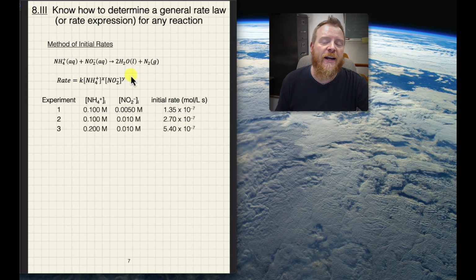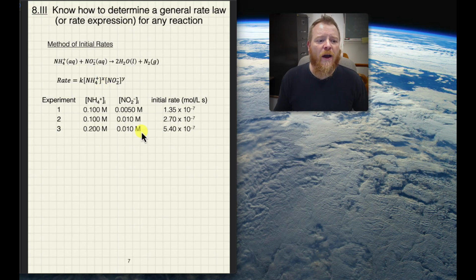Whenever we're setting up a general rate expression, it's always going to be rate equals k times reactant raised to its order times reactant raised to its order. Notice I've got specific products in here, but they don't appear in my rate expression. And also, it's not necessarily true that the reaction orders are equal to the stoichiometric coefficients. So we have to see what the data tells us.